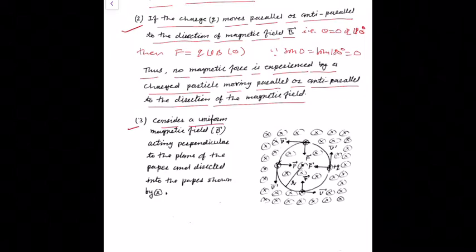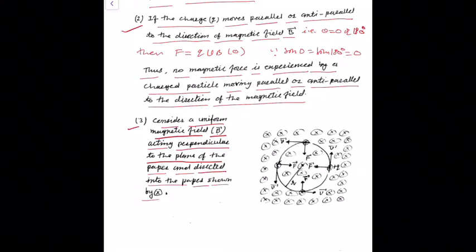Consider a uniform magnetic field B vector acting perpendicular to the plane of the paper and directed into the paper as shown by cross.